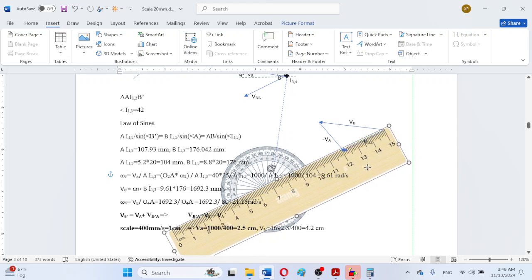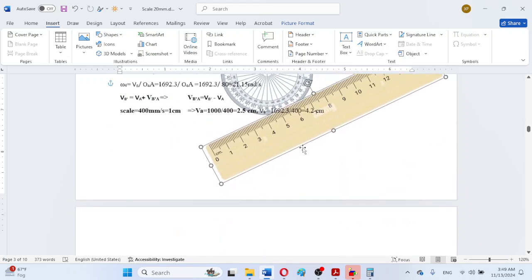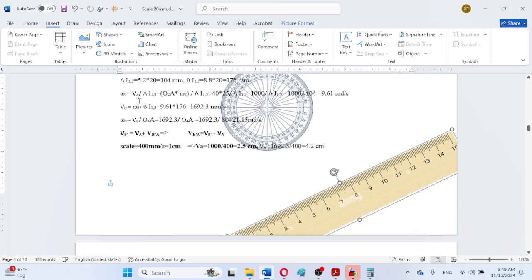Here as we can observe that the value is approximately 1, 2, and here approximately we can say that it is equal to somewhat 2.9, for example, according to scale.